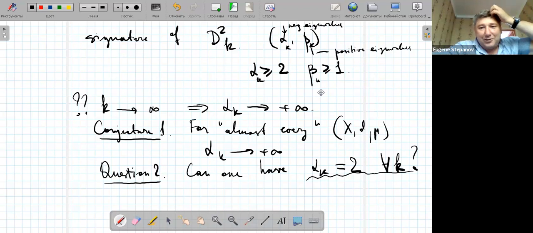So it means that your negative MDS is, let's say, almost never void. You will have infinitely many positive eigenvalues. You will always have at least 2, or at least 1, because you use those projectors.